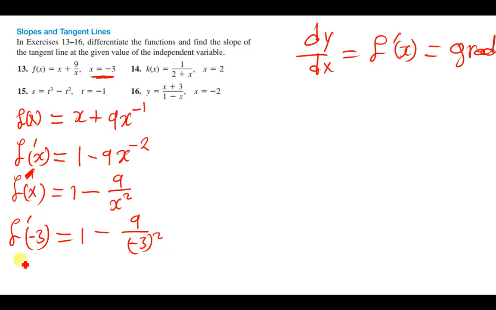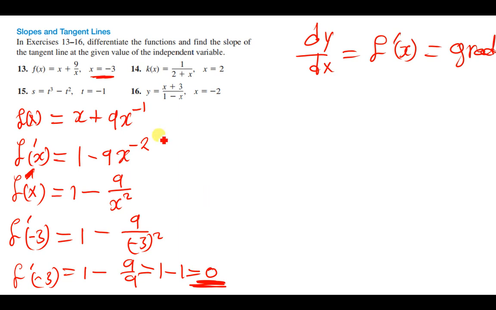This gives us 1 minus 9 over 9, and 9 over 9 is 1. So 1 minus 1 is simply equal to 0. The solution for the first part is simply 0.